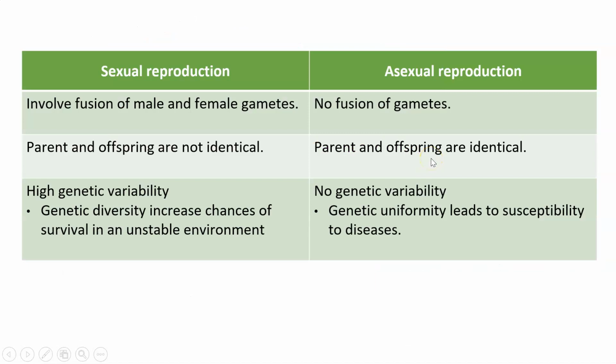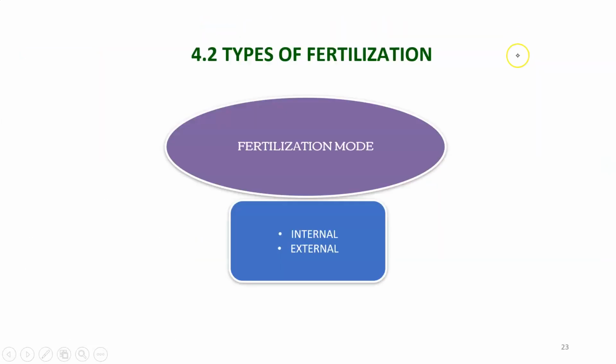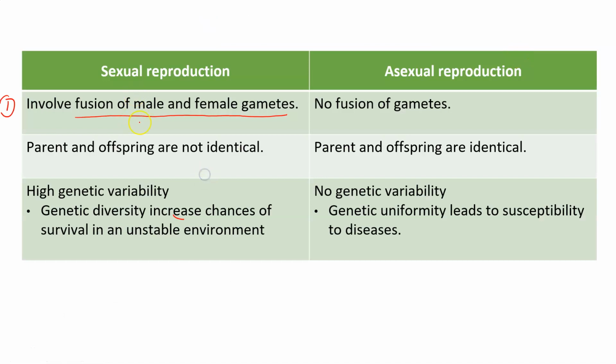Okay, so the difference between sexual and asexual reproduction. When you are comparing between two items, you must compare the same thing lah, kan, apple to apple comparison. So the first comparison: sexual reproduction involves fusion of male and female gametes, fusion between sperm and eggs.